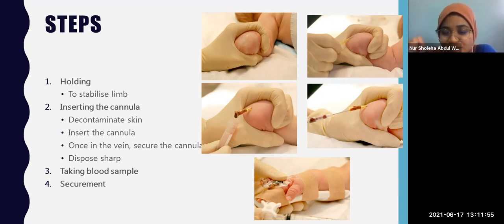Because we want to achieve both immobilization and a tourniquet. As you can see in the first picture, which shows the hand of the doctor like this, that's how we hold the neonate limb.